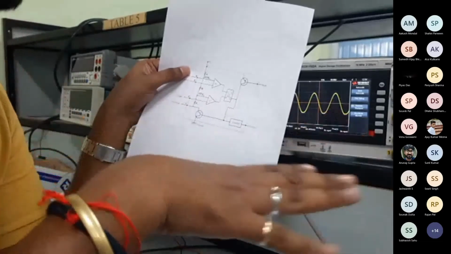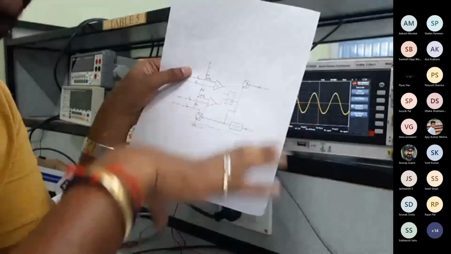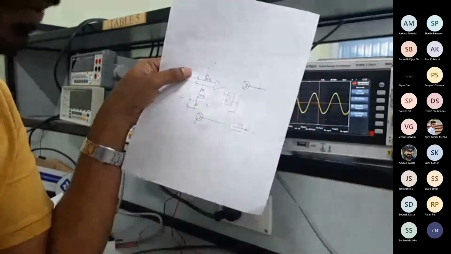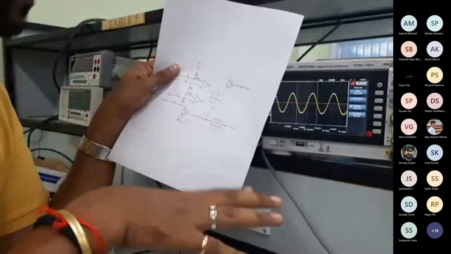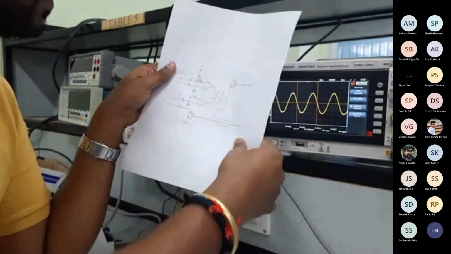Independent means what? Load independent. Whatever the load at the output, the voltage should not drop at the output. And here a reset circuit is given to reset the flip flop.